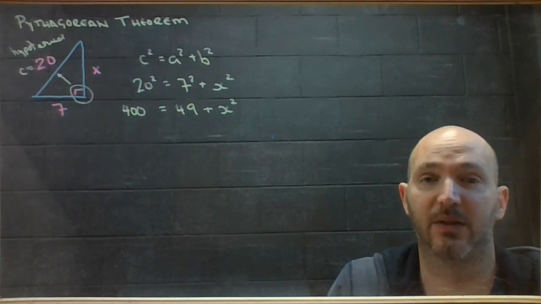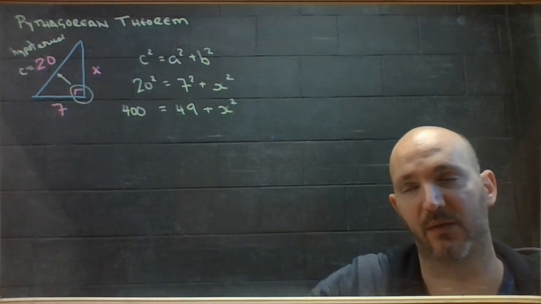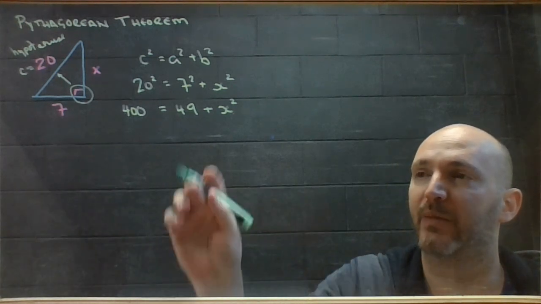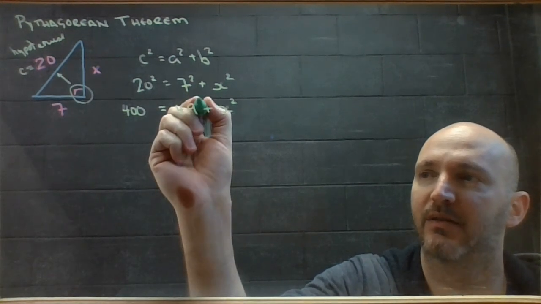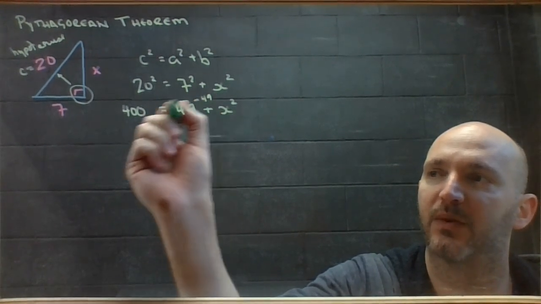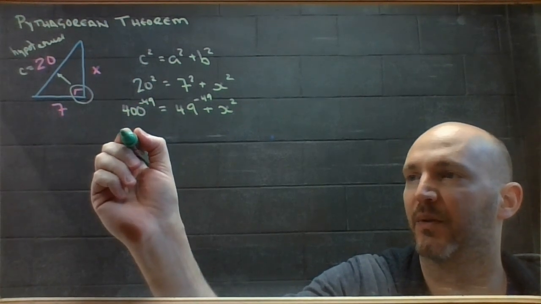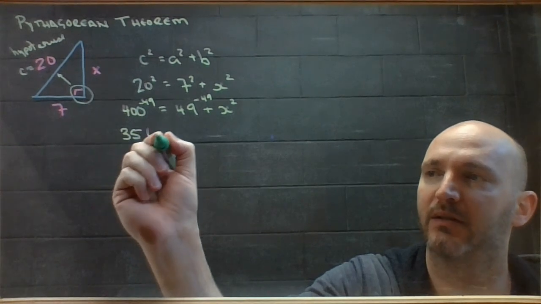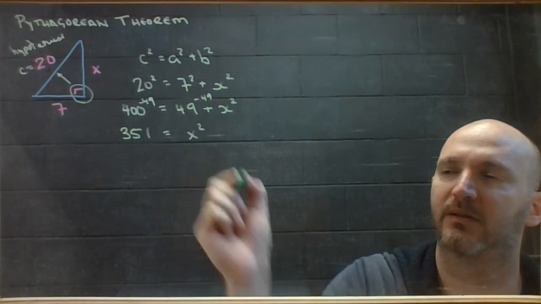So now I have to flip into algebra mode to try and push all the numbers away from the letter. So I see a 49 here being connected to that with addition. So I'm going to subtract 49 from both sides. That leaves me with 351 on the left and x squared on the right.